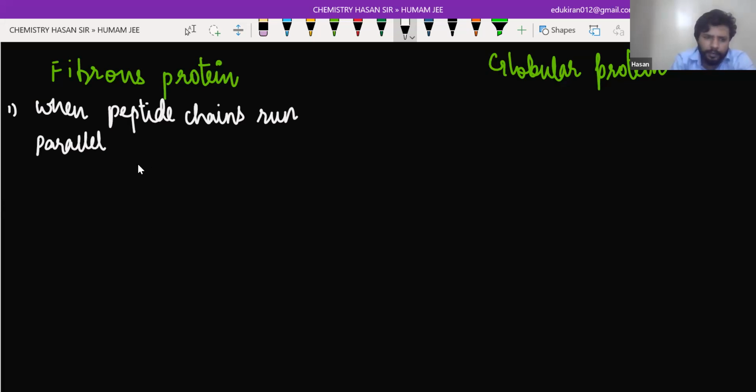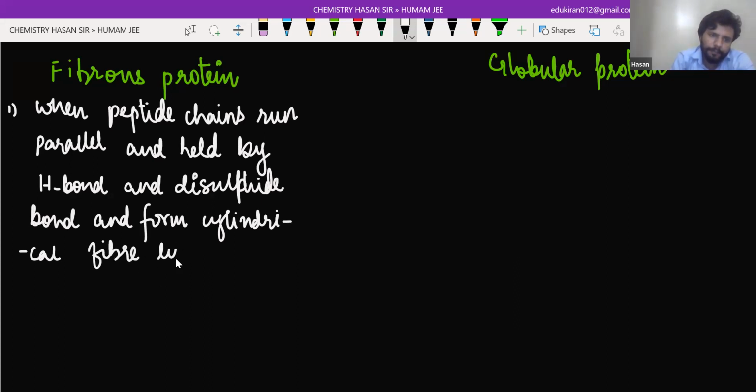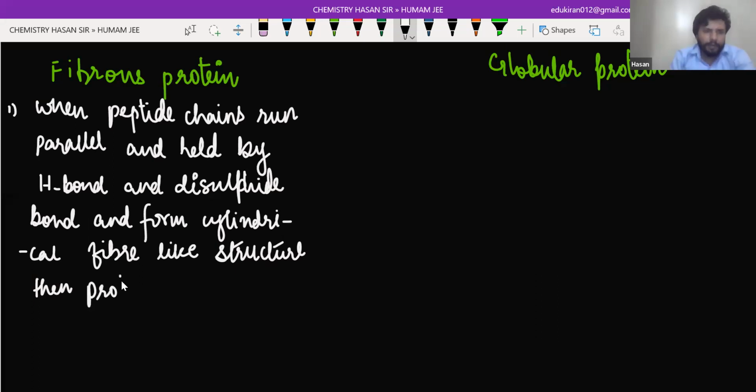When peptide chains run parallel and are held by hydrogen bonding, H bond, and disulfide bond, and form a cylindrical fiber, a cylindrical fiber-like structure, then the protein is classified as fibrous protein.